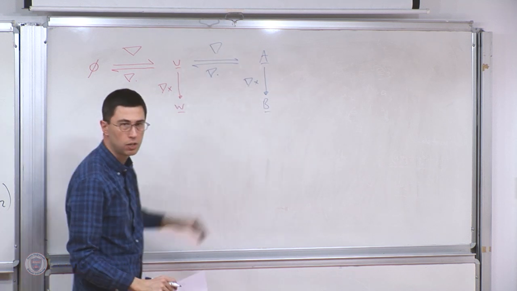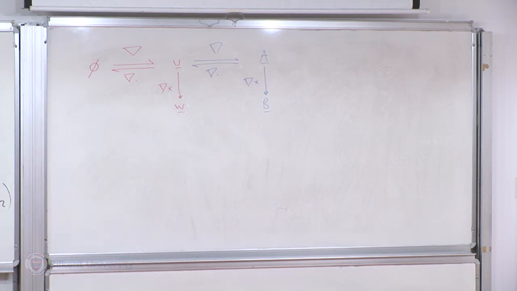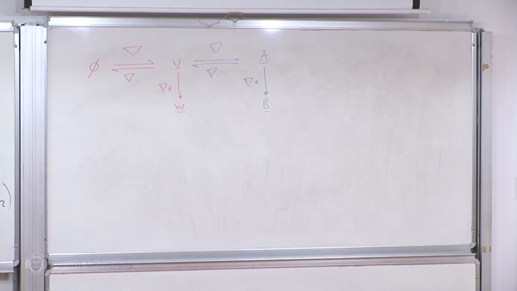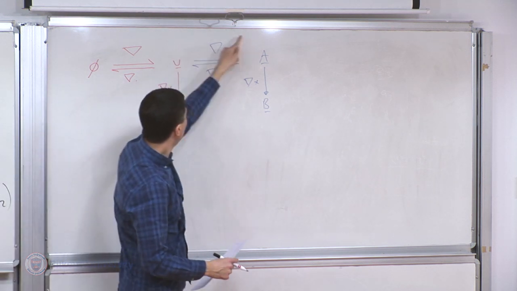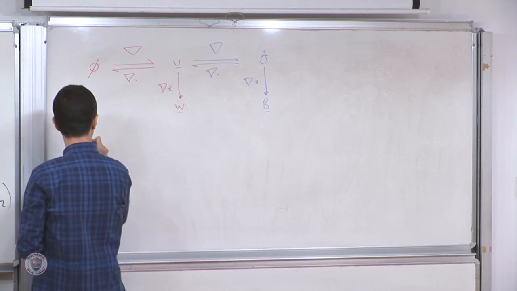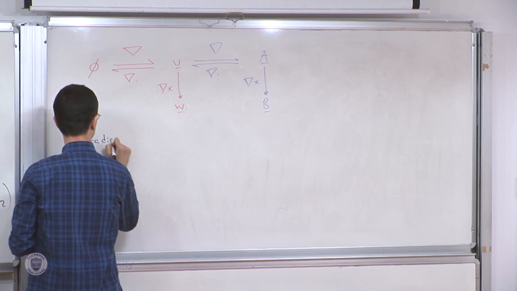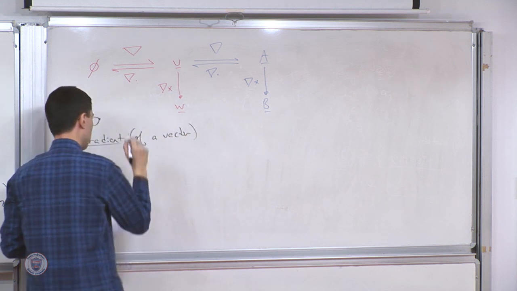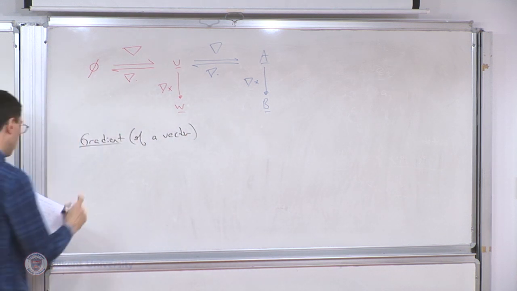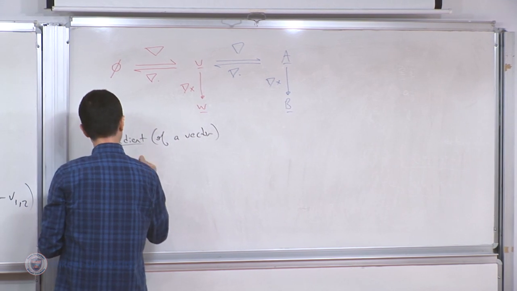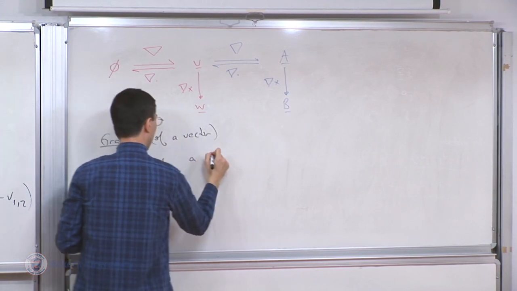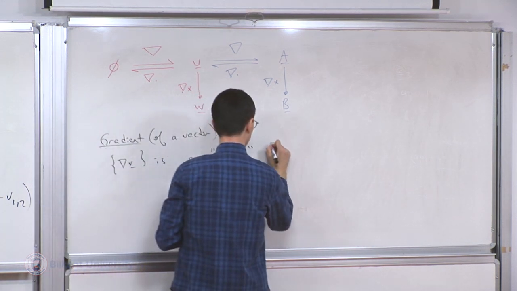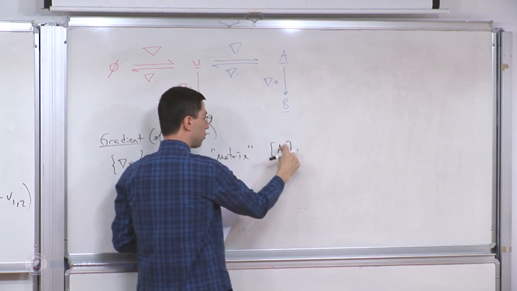The blue part I will start defining now. So let's start with the gradient of a vector. It's again a gradient, but this time of a vector. The gradient of V is a, again in quotes, matrix.